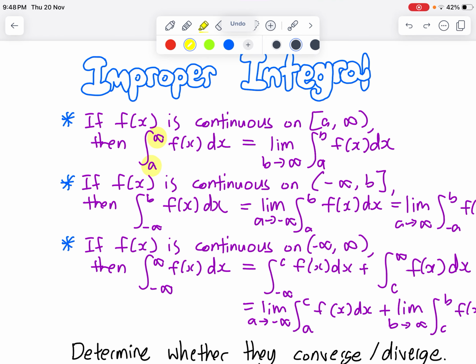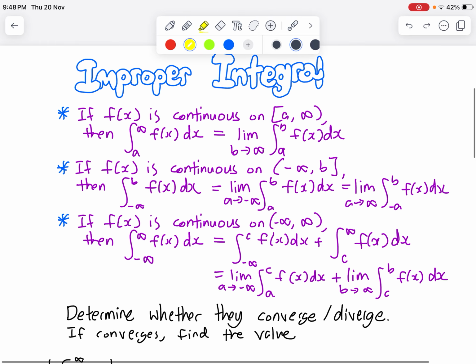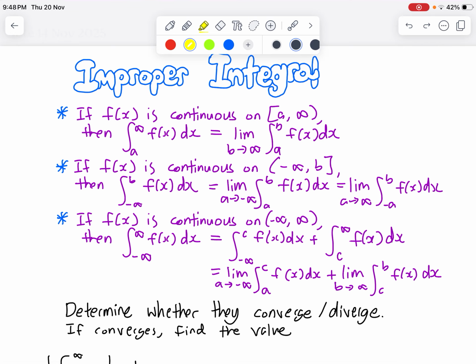We say, okay, we replace the infinity with any value, so we can call it b, and then we take the limit as b goes to infinity.